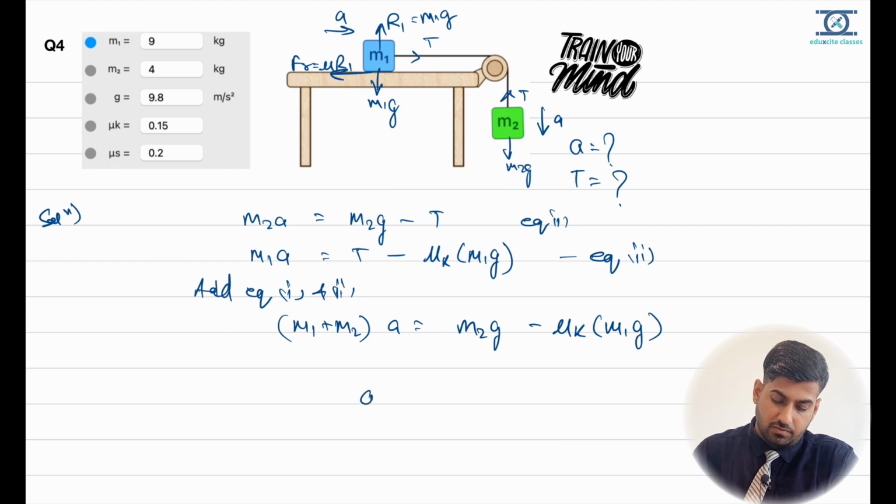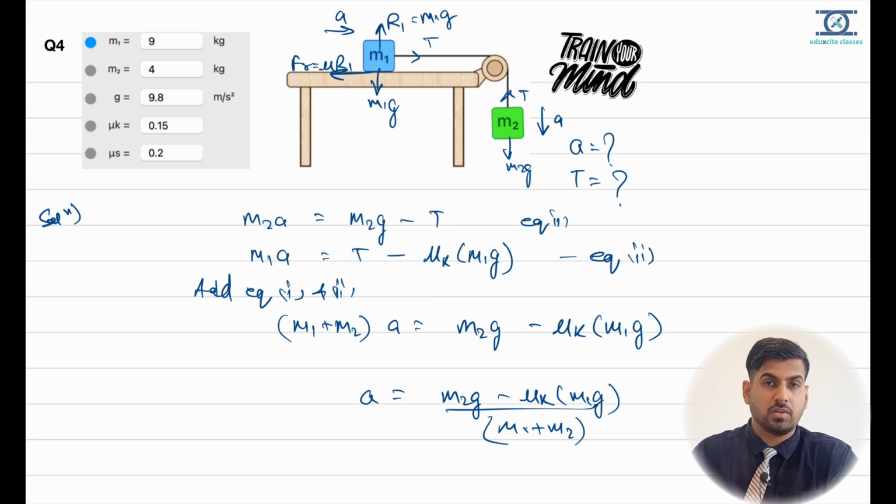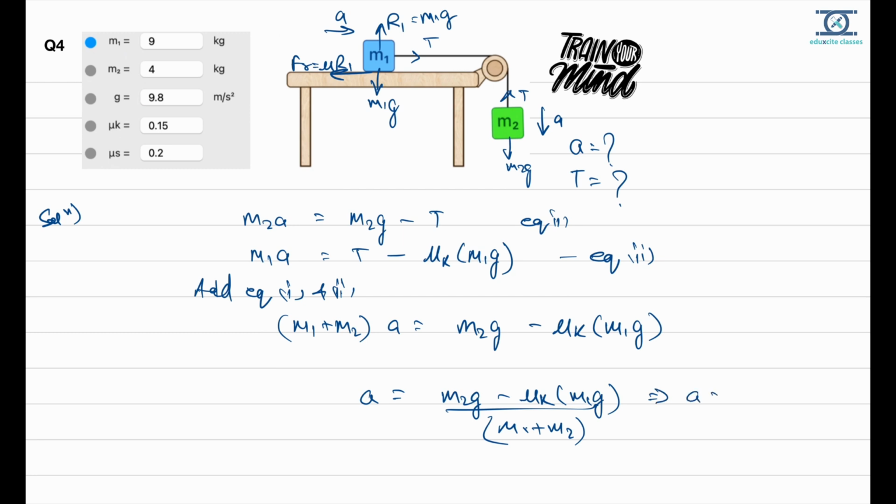Now the acceleration is M2G minus mu K M1G divided by M1 plus M2. If you put in the values, you can get the acceleration. I have already done the calculation. Acceleration will come out to be about 2 meter per second square.